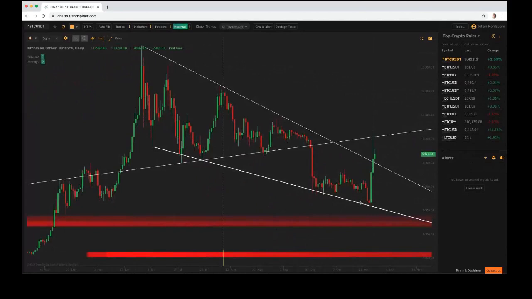We were in this falling wedge that you had drawn here on the daily, and it was setting up for a nice bounce, and then you had this news come out to confirm that. So this was a good example of TA and fundamentals working together to get a huge move, especially on Bitcoin the last couple of days.